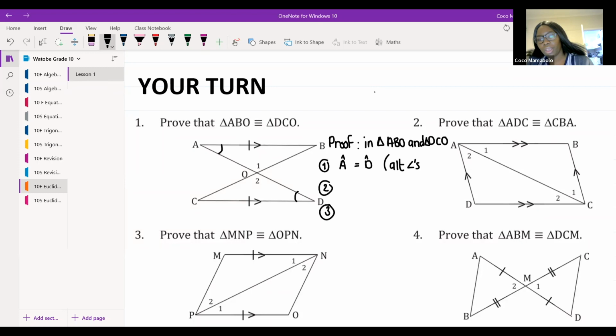Okay. What did we forget to write? Alternate angles. And Funzo, you did it so beautifully for me last time. What do we need to remember after writing that it's alternate angles? What do we need to state, guys?